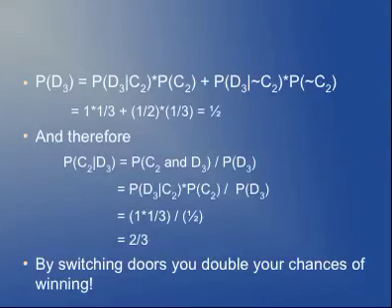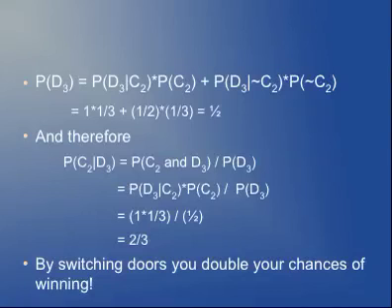Likewise, if the car is not behind door 2, then he's equally likely to open either door 2 or door 3, and the probability the car is not behind door 2 is once again 1 out of 3. I guess that should actually be 2 out of 3. One way or another, it sums to 1/2.